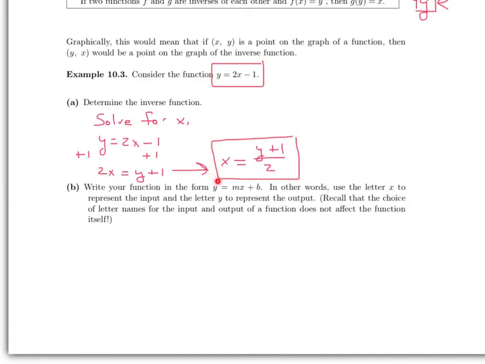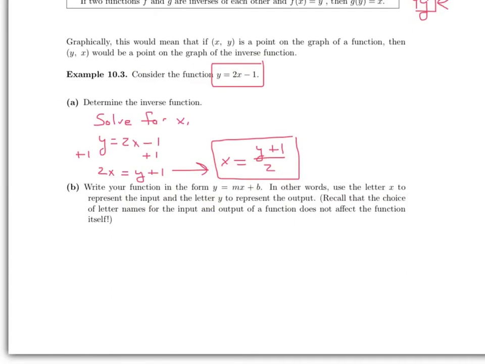So for our inverse function here, right now the letter y is playing the role of the input and the letter x is playing the role of the output. But we don't have to call the input y and the output x. We can call them whatever we like.